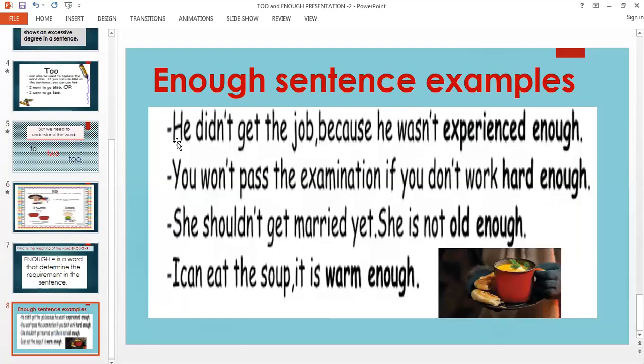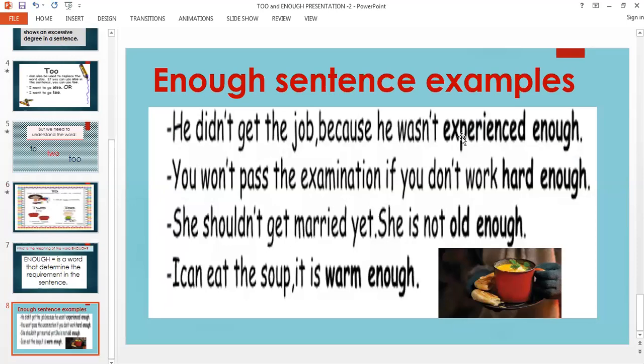In example one, it's written like this: He didn't get the job because he wasn't experienced enough. Look, "wasn't experienced enough", meaning the experience that the company is looking for from him is not enough.